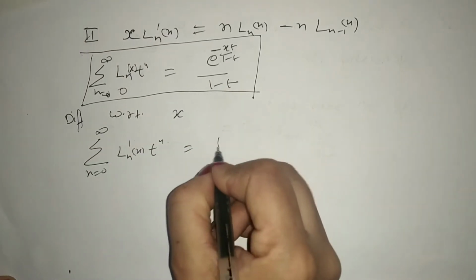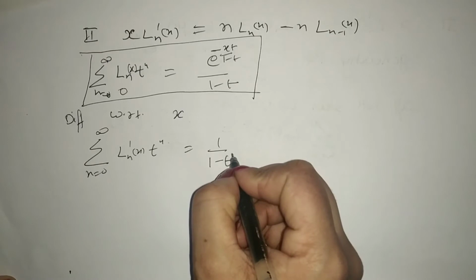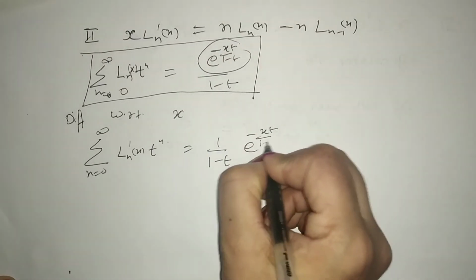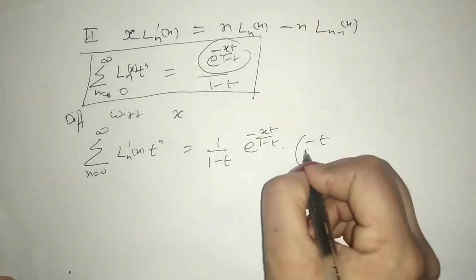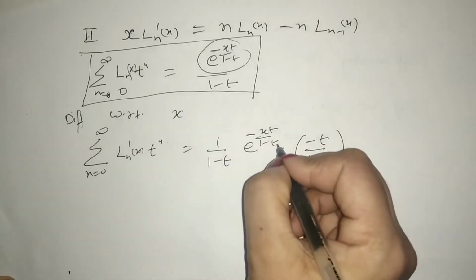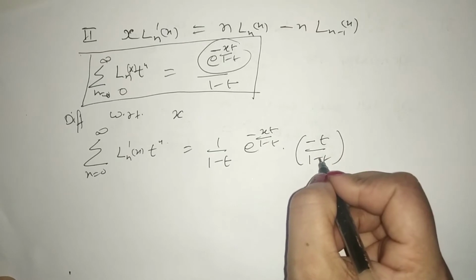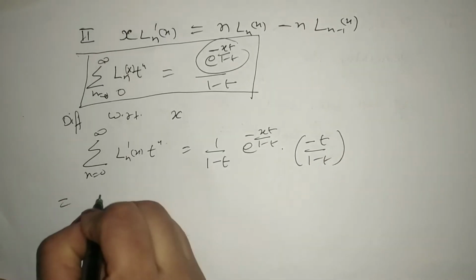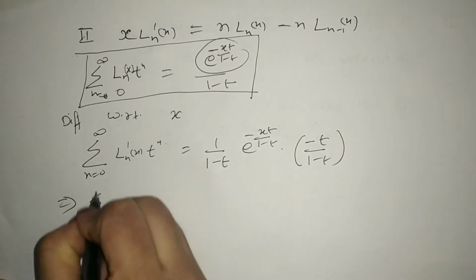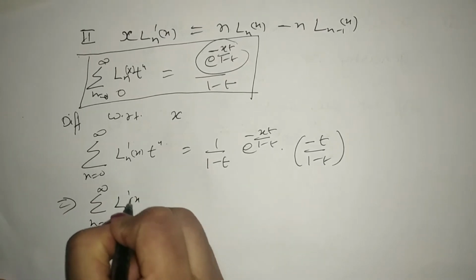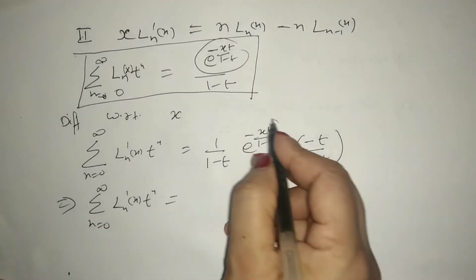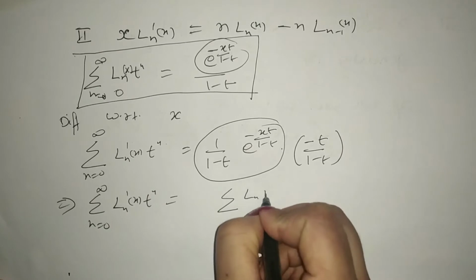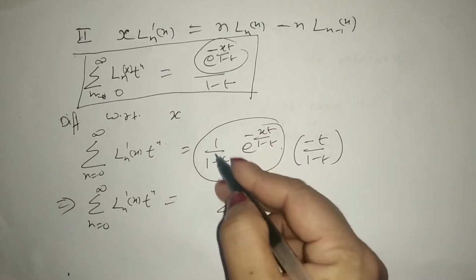Here also 1 upon 1 minus t will be considered constant, and the derivative of this term is e raised to power minus xt upon 1 minus t into minus t upon 1 minus t, the derivative of this power. So this is what we obtained after differentiating with respect to x. Now this is the summation n varying from 0 to infinity of ln dash x into t raised to power n. Here also this is our summation ln x t raised to power n, that is the generating function.